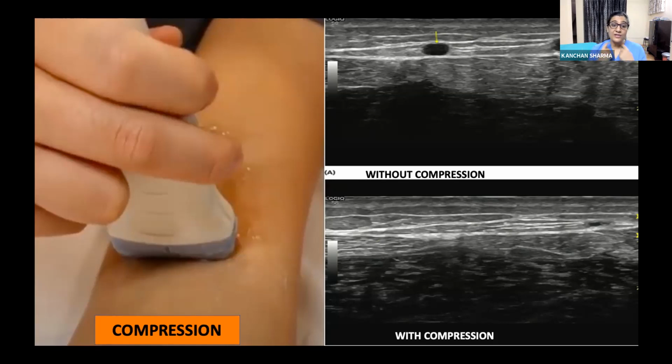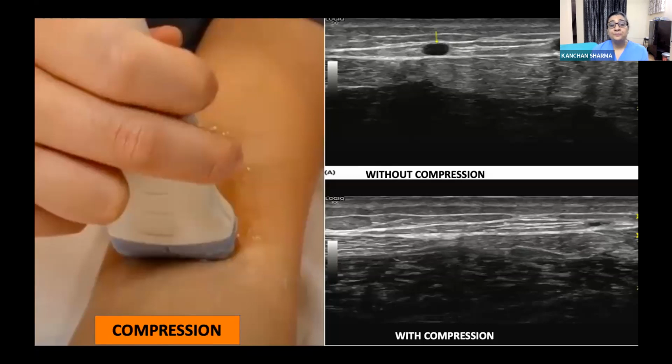So if I'm using this vein as one of the markers to find my nerve, and I apply too much pressure, this vein is going to collapse and I will not be able to see it nicely. So always remember, do not apply compression if your structure of interest is in the subcutaneous tissue.